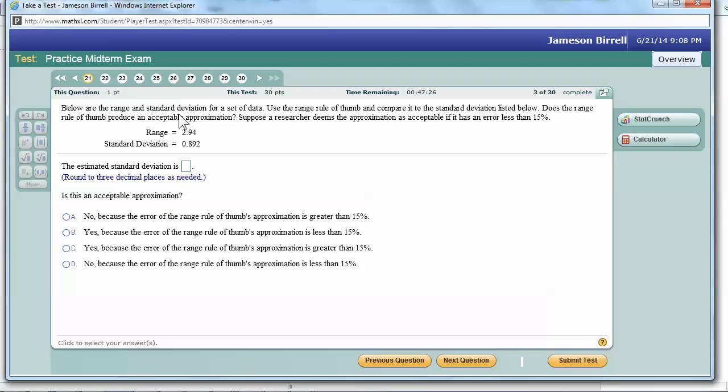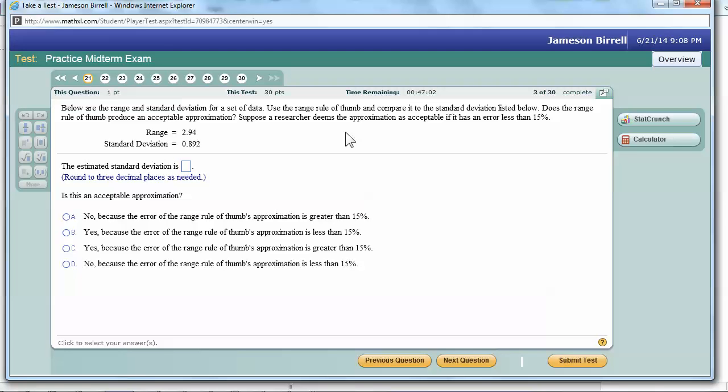Below are a range and standard deviation for a set. Here's the range rule of thumb. Remember, that's the rule that says that empirically we expect to be able to have 2 standard deviations around the mean. So in other words, we expect to be able to fit 4 standard deviations from the minimum to the maximum. There's one more way you could say that.